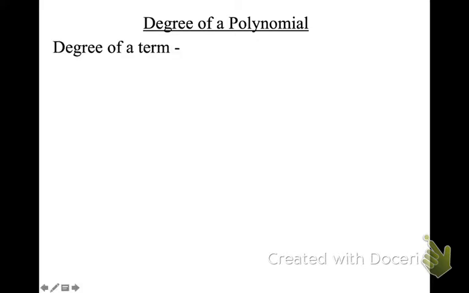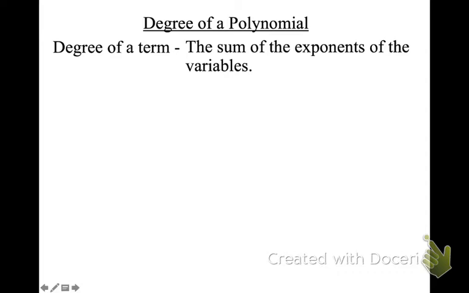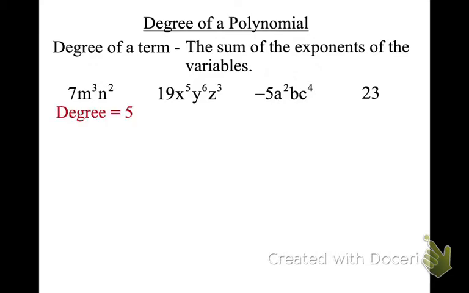So the degree of a polynomial is the sum of the exponents of the variables, okay? So we might call this a 5-degree monomial. The next one is we're just adding the exponents. 11 and 3 is 14.